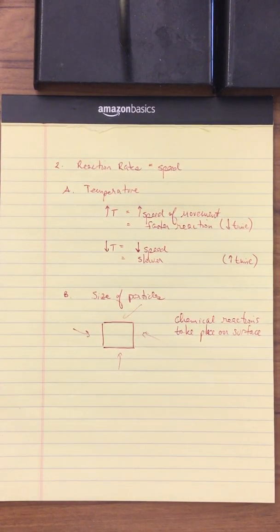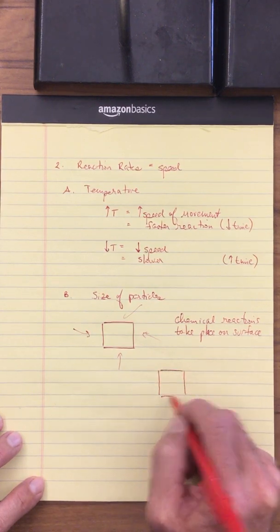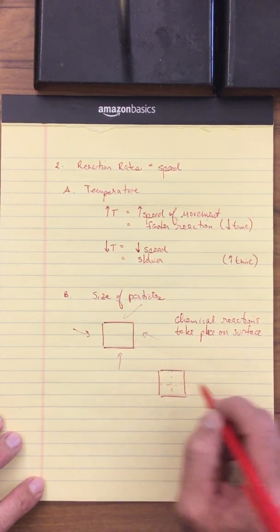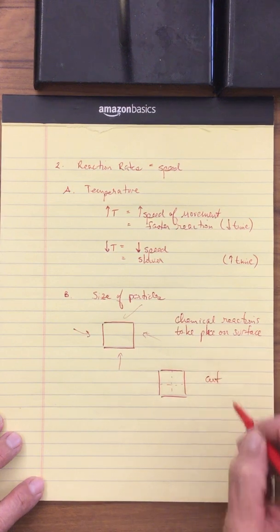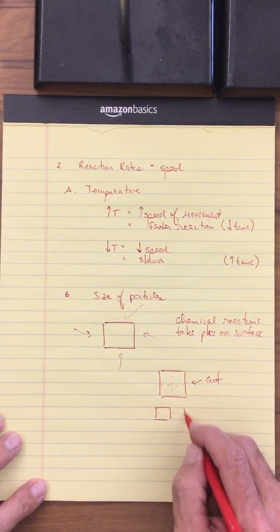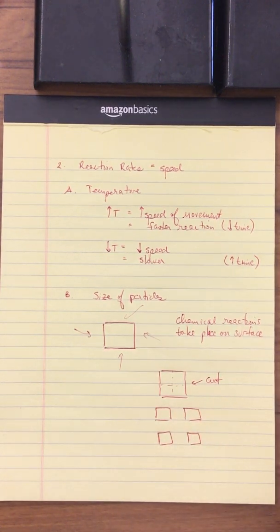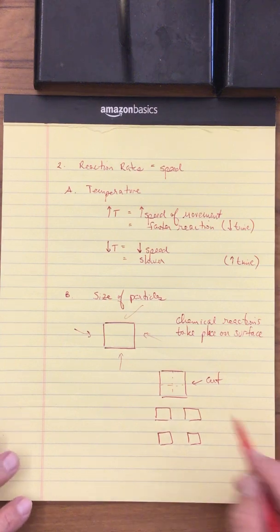Well, imagine that I take this now and I break it into smaller pieces. We're going to break it or cut it into smaller pieces. So now I have this, this, this, and this. And look what's done.